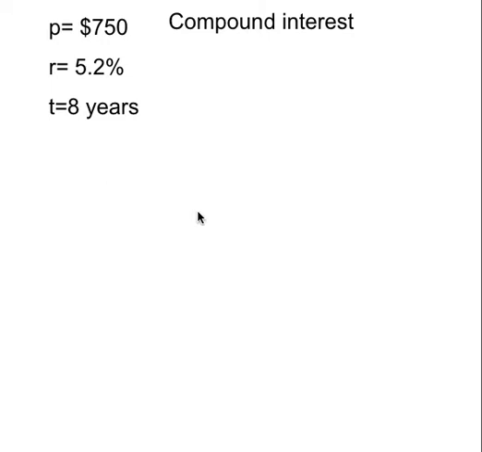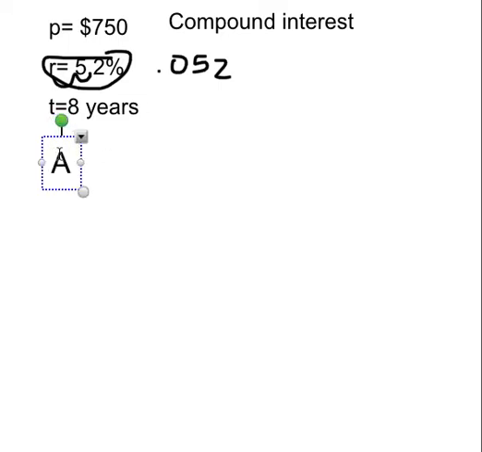I'm going to skip to one like this. Very simple. It's set up just like we've been looking at, except for right here. I have to change this to a decimal. 2 jumps, 0.052. So we're going to use our formula.